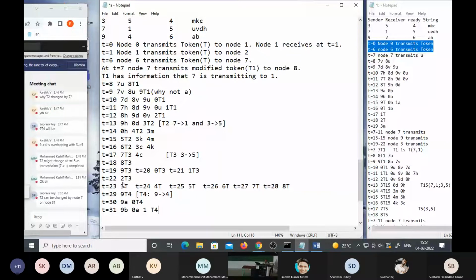Yes, you are fully correct. T2 can be changed by node 7, but node 7 cannot remove the information that 3 is going to 5. Node 7 can only remove the information that 7 is going to 1. Do you understand? T2 can be changed by 7 or 3, but 7 cannot remove this information that 3 is transmitting to 5.